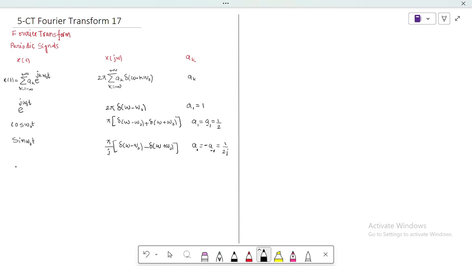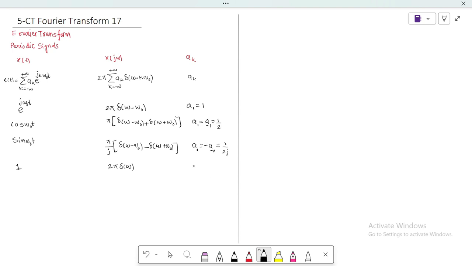Similarly, for one, what is the Fourier transform? That is equal to 2 pi into del of omega. We did this with the help of the duality property, and also we can find it since this is a periodic signal.